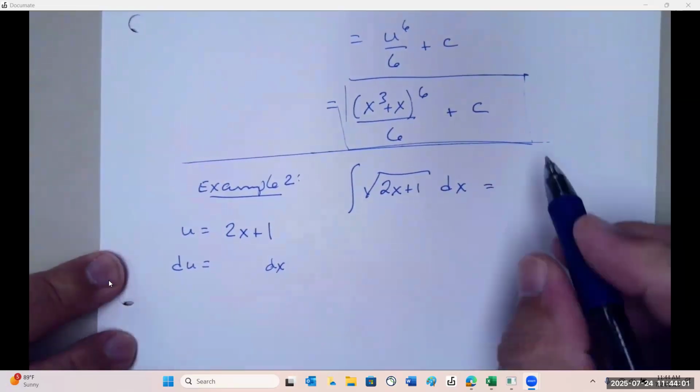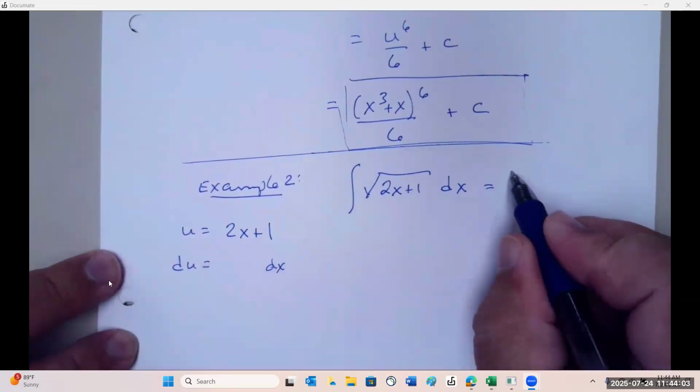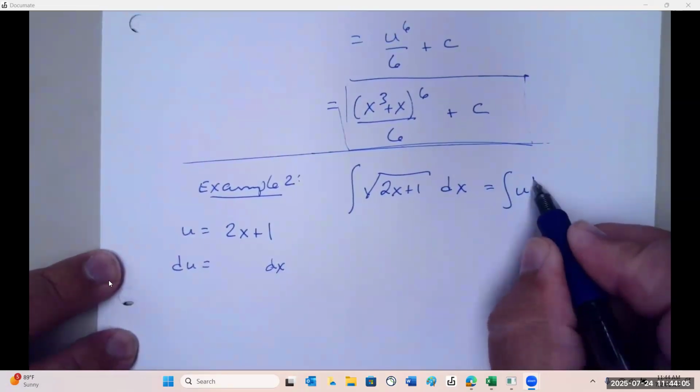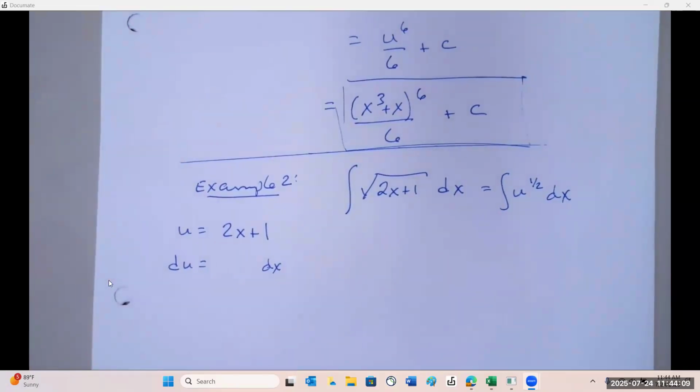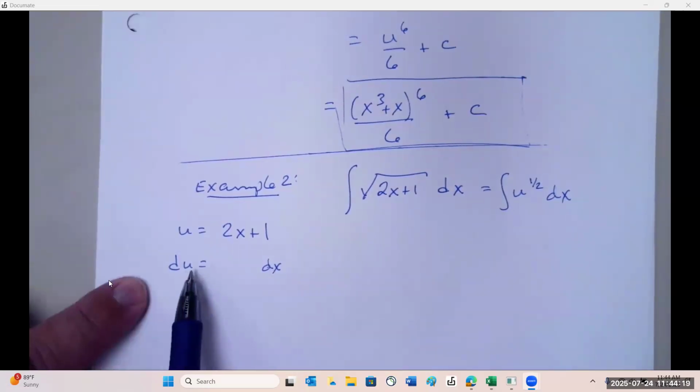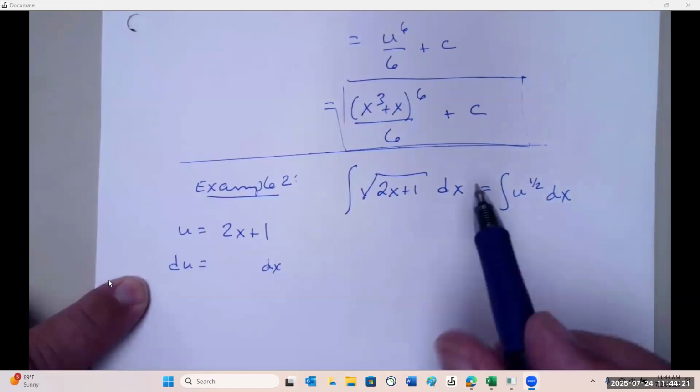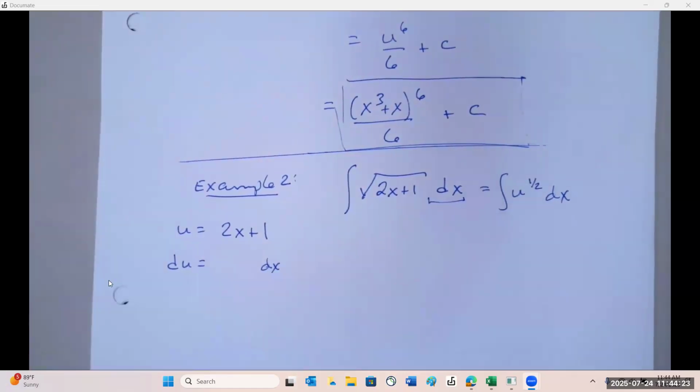Because this equation, we can now rewrite it as u to the power 1/2 dx. If we left it as a square root, then we have a much more complex du. Because remember, du is supposed to be whatever is in front of dx.